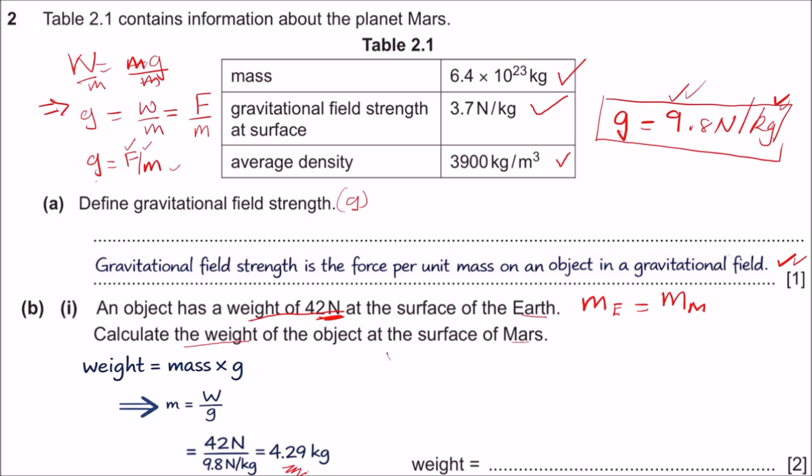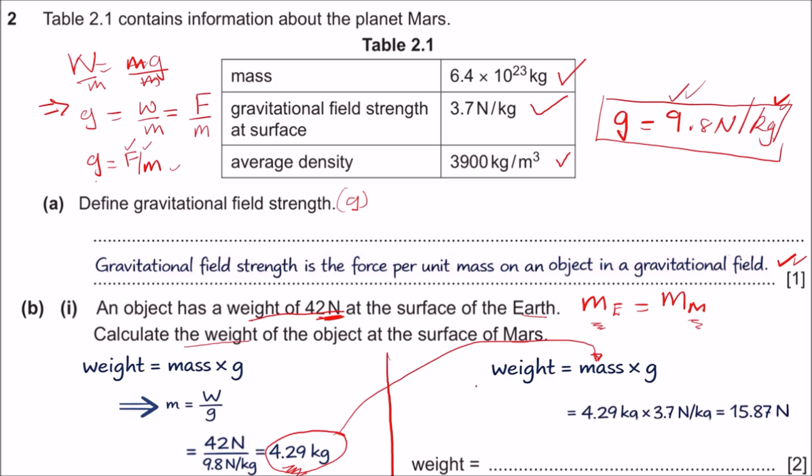With this done, we can now recall the equation for weight again. We know that weight is mass times gravity. So where do we get the mass? The mass of an object on Earth is equal to the mass of an object on Mars. So this is the mass we are going to recall here and say, since mass on Earth is equal to mass on Mars, the 4.29 kg is the mass of the object wherever it is.